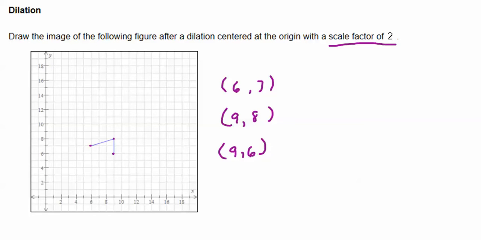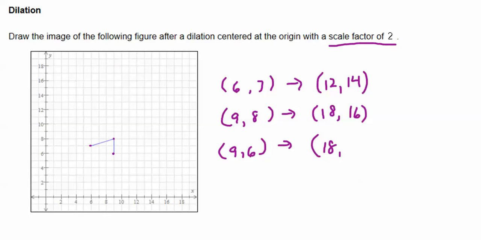So we're going to multiply each of these values by 2. This becomes 6 times 2 is 12, and 7 times 2 is 14. 9 times 2 is 18. 8 times 2 is 16. 9 times 2 again is 18, and 6 times 2 again is 12.